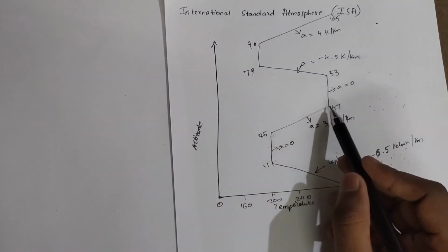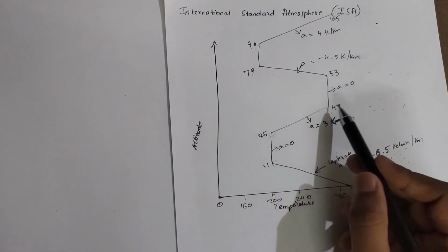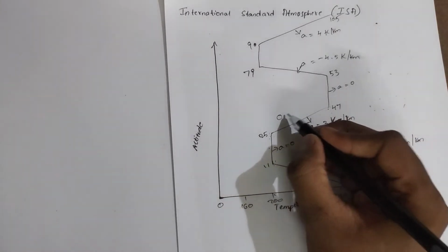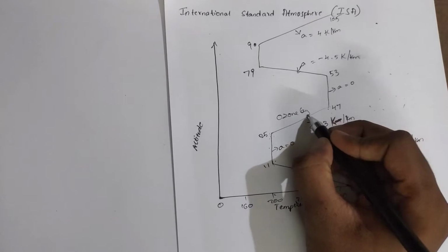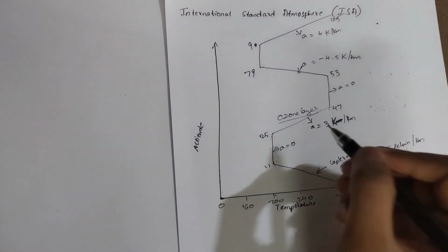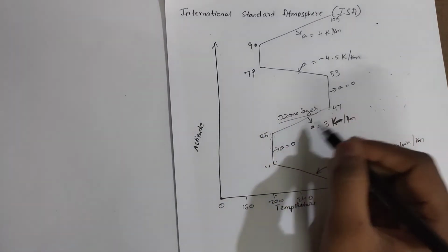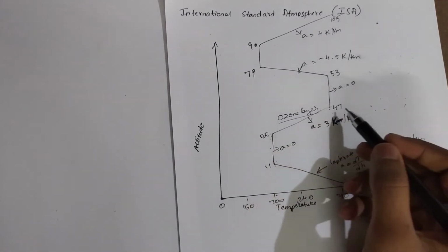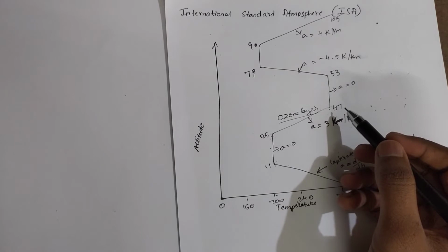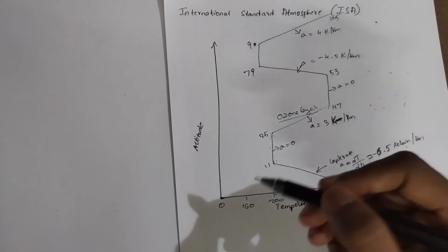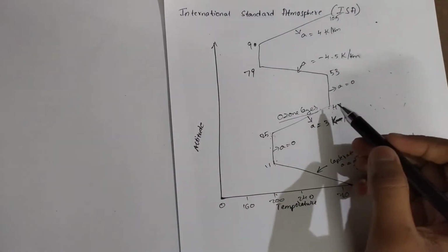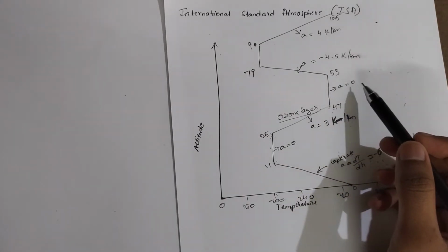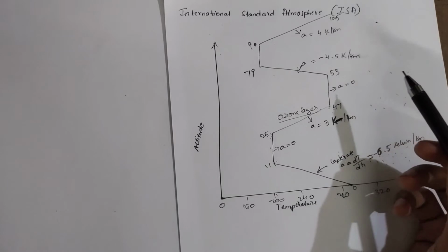From 25 to 47 kilometers, the temperature is increasing because this region contains the ozone layer. Since there is a presence of the ozone layer, there will be much heat in the region. So as we move above from 25 to 47 kilometers, there will be an increase in temperature, and from 47 to 53 kilometers, there is a constant temperature.